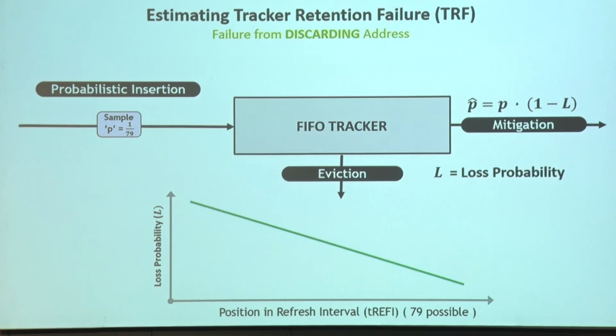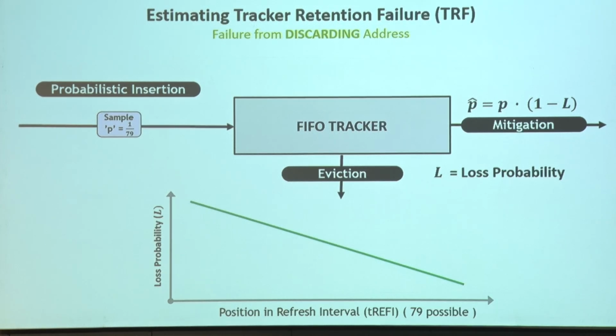If you decide to insert at the very beginning of the refresh interval, you will have a higher loss probability. If you insert towards the tail end of the refresh interval, you would have a low loss probability. Since we want our tracker to be access pattern independent, we'll use the worst case loss probability for a given tracker size.